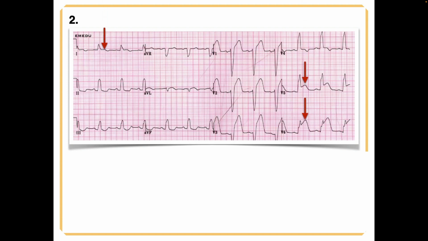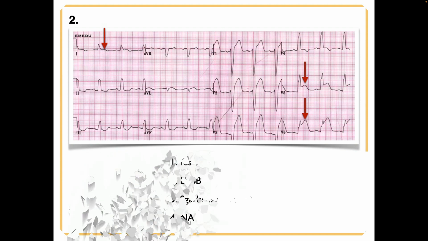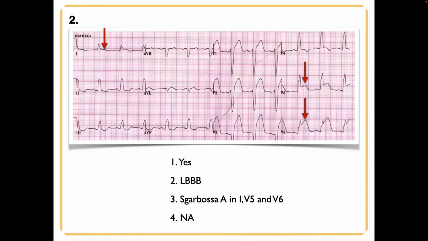I think there might actually be a tiny bit in lead 1. It's a little bit equivocal, so that's one of those ones, yes or no, it's okay. Is there a bundle branch block? Yes, it's left bundle branch block. Sgarbossa A in V5 and V6, and there's no right bundle branch block, so 4 is not applicable.